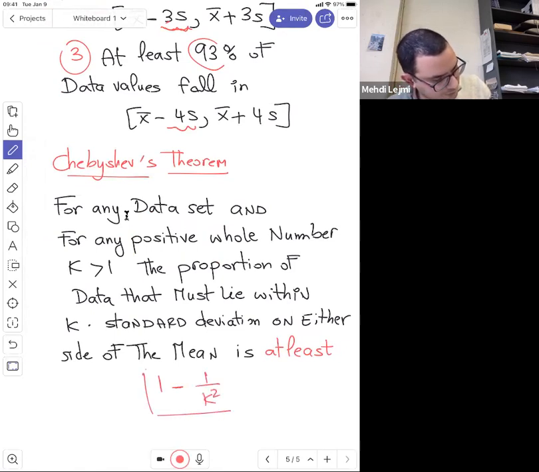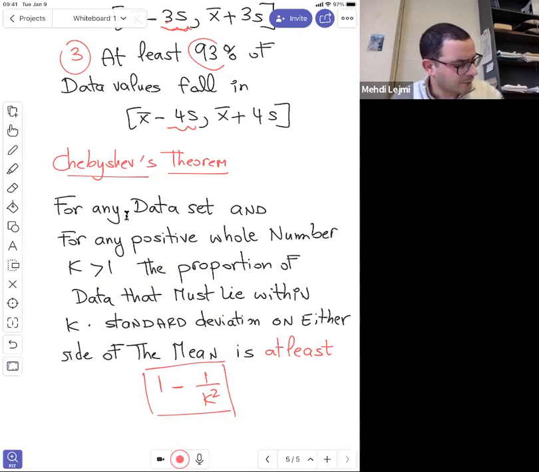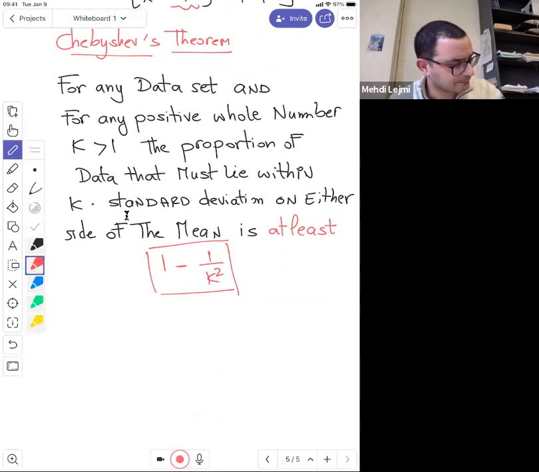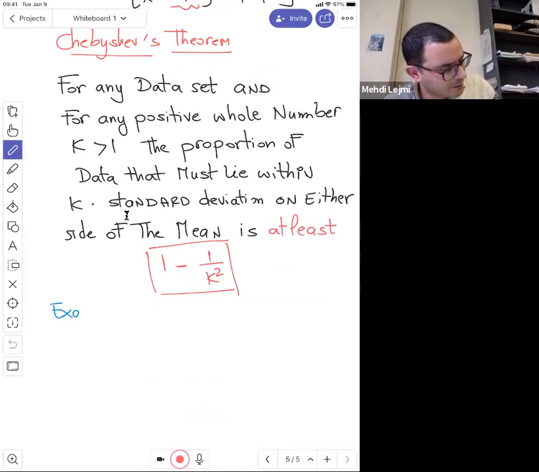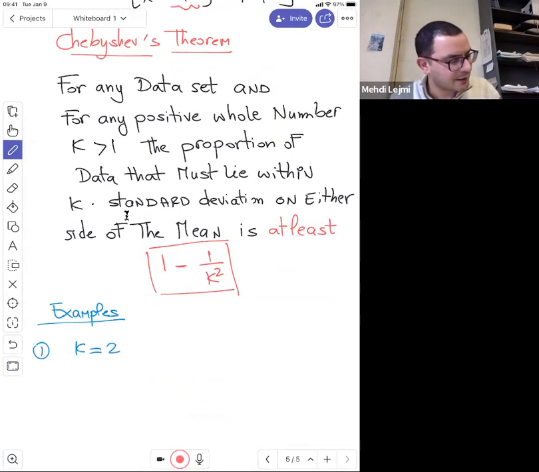All right. So for example, let's say k is 2. Okay, that's a positive whole number larger than 1. The first positive whole number larger than 1, of course, would be 2.